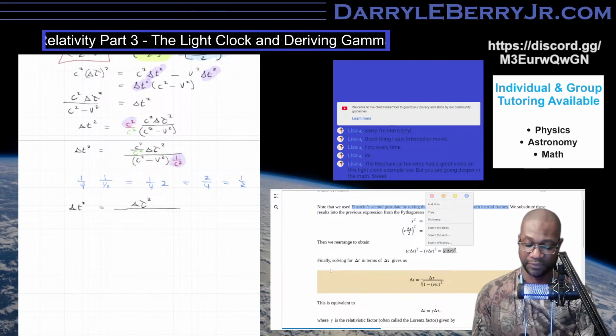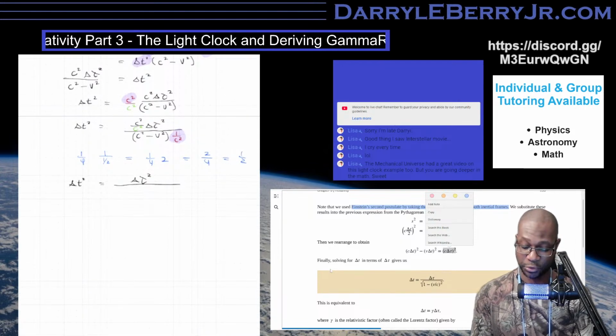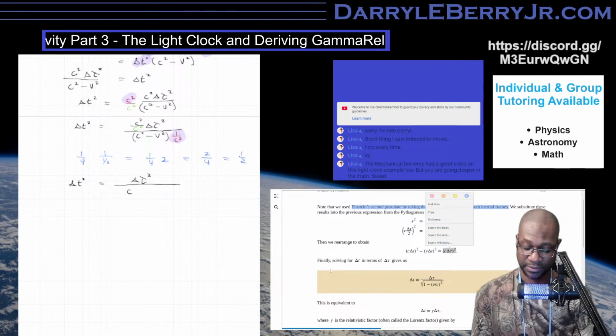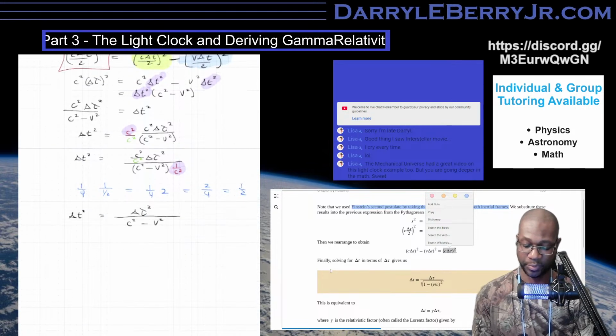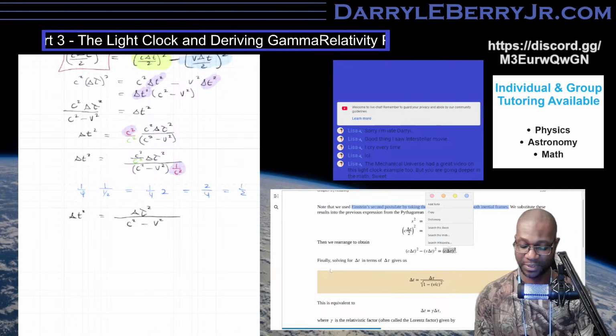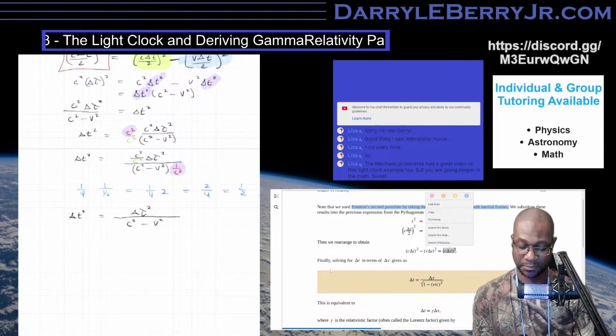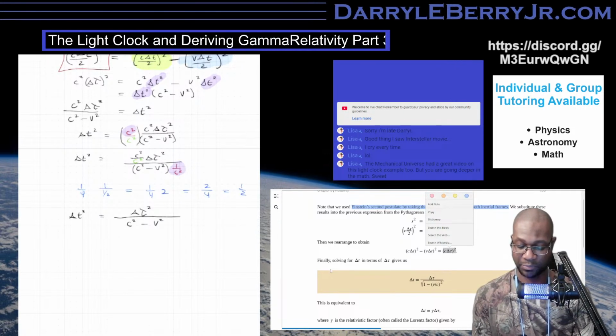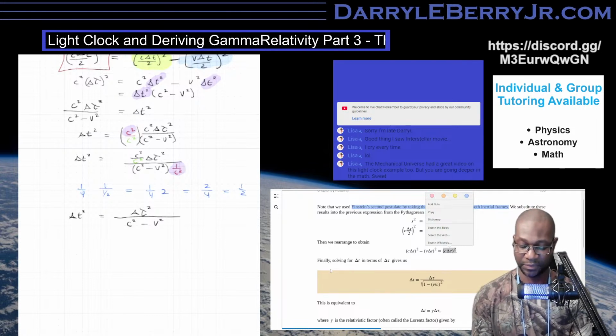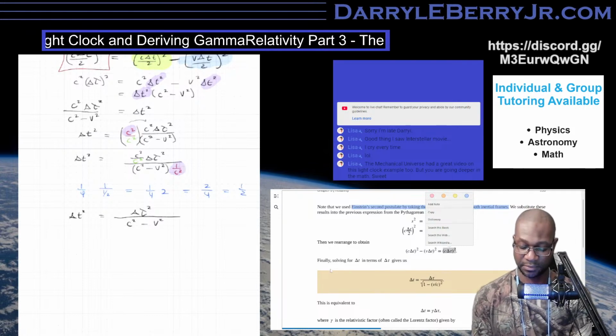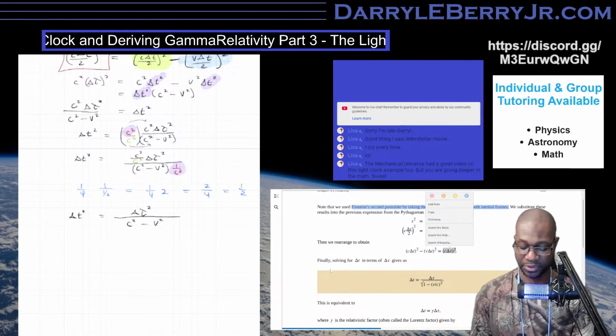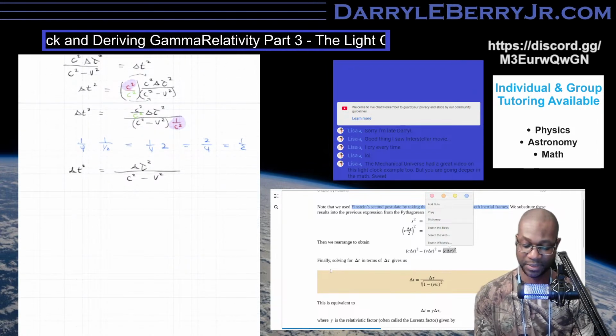And I'm going to divide that by distributing this c squared into the parentheses. That's why I put the parentheses there, to make clear that I'm multiplying this c squared over c squared by that entire fraction. So I've got to distribute it into the full denominator or numerator, whichever one I multiplied into.